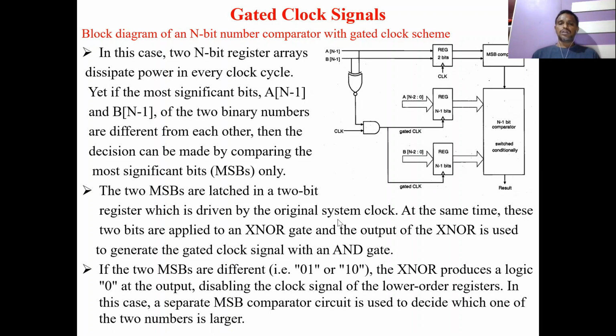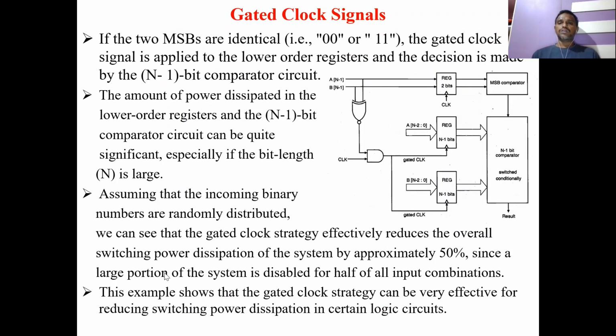If the two MSBs are different, 0 1 or 1 0, the XNOR produces a logic 0 at the output, disabling the clock signal of the lower order registers. In this case, a separate MSB comparator circuit is used to decide which of the two numbers is larger. Like that we reduce the power.